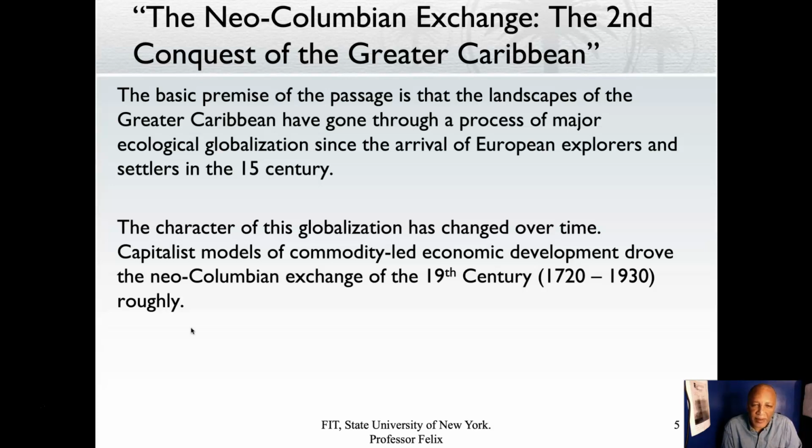The character of this globalization has changed over time, but a capitalist mode of commodity-led economic development that drove the Neo-Columbian Exchange continues today. The period considered to be the Neo-Columbian Exchange is 1720 to 1930, roughly speaking.